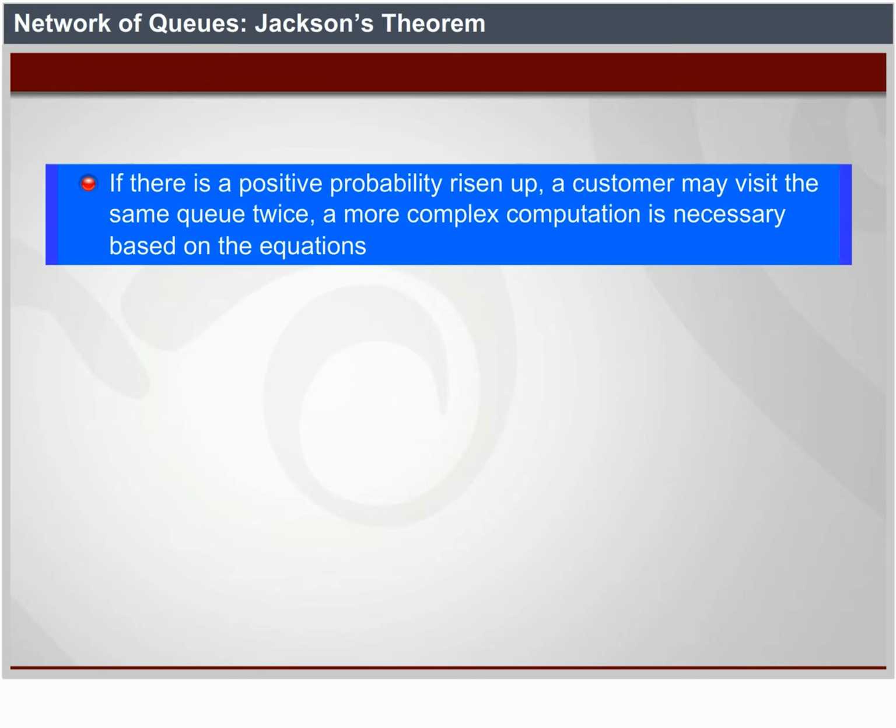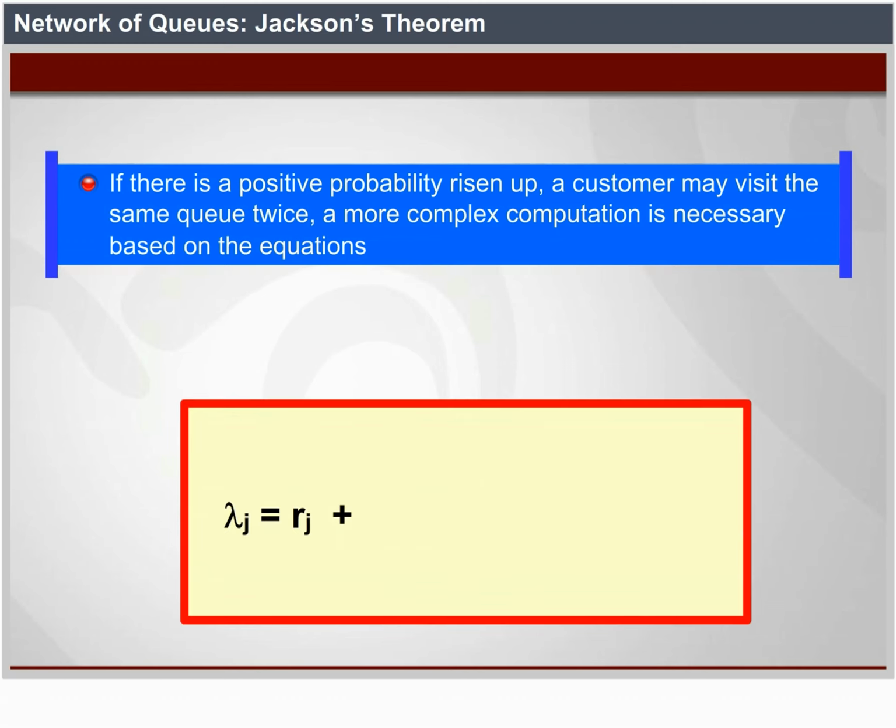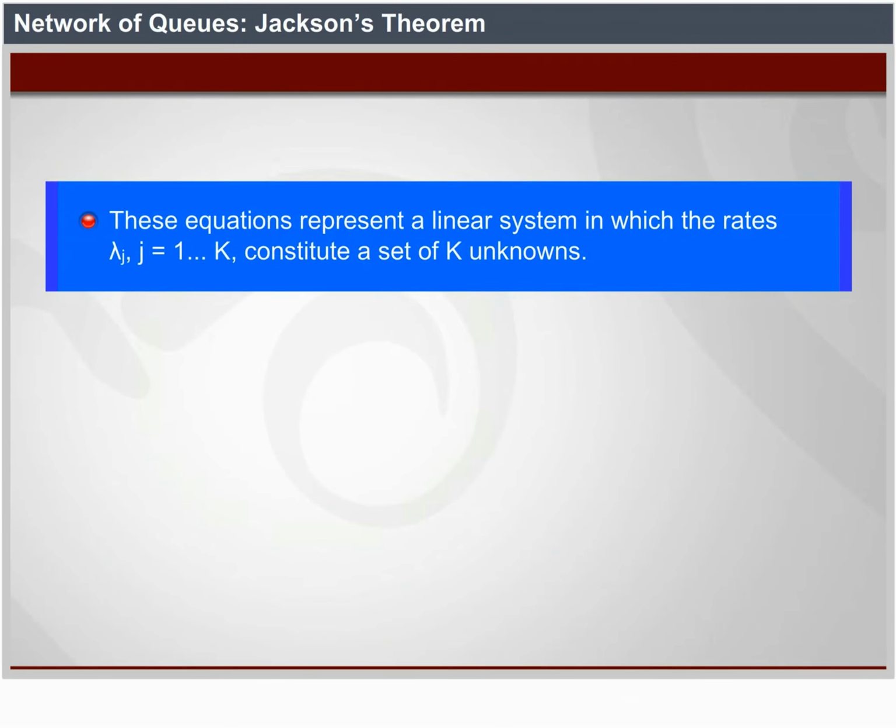Lambda_j is equal to r_j plus the sum over i equal to 1 to k of lambda_i P_ij, j equal to 1 to k. These equations represent a linear system in which the rates lambda_j, j equal to 1 to k, constitute a set of k unknowns.